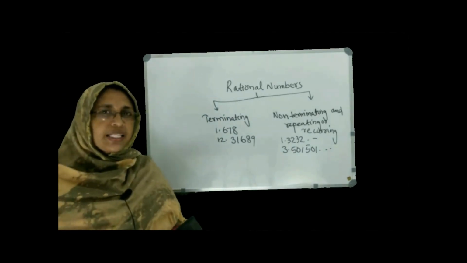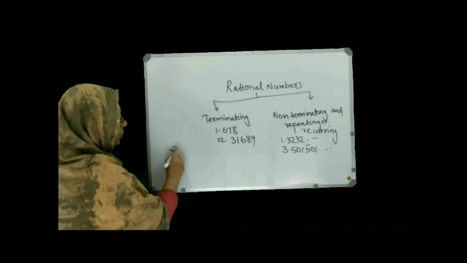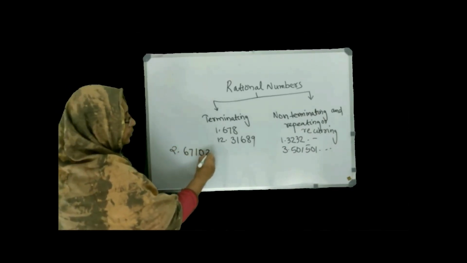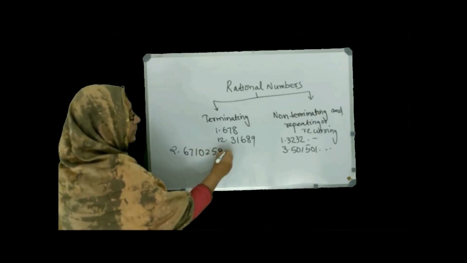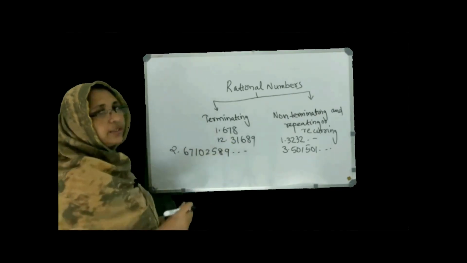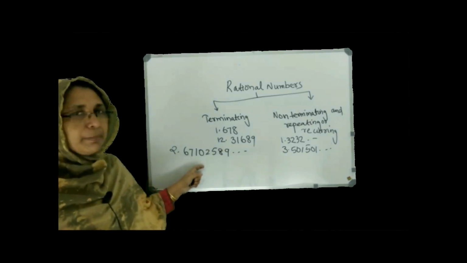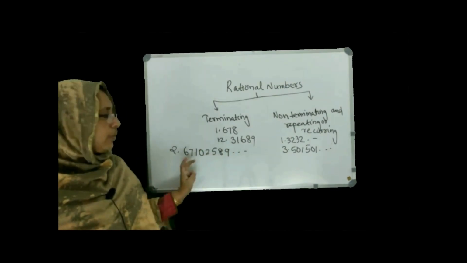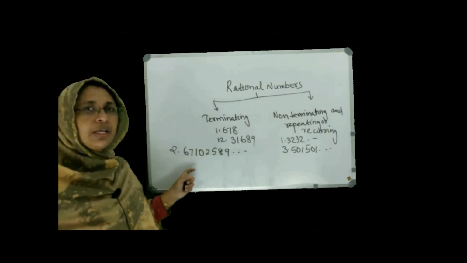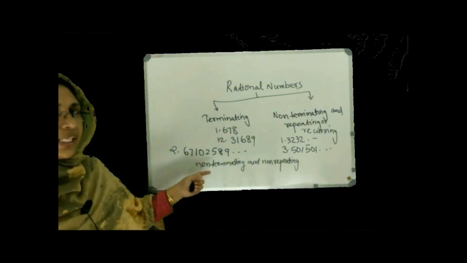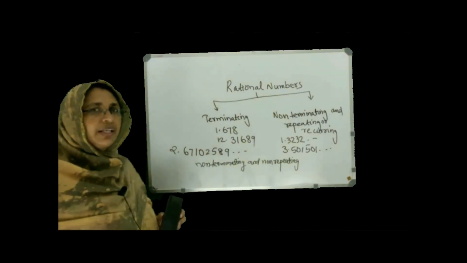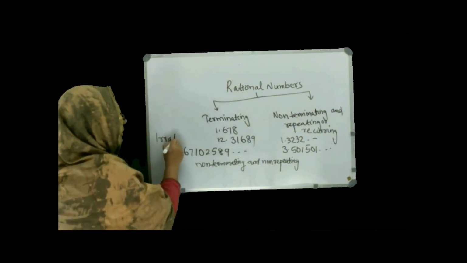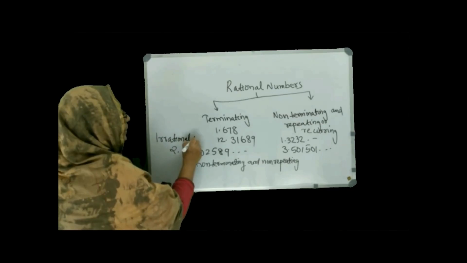Now you will listen to another example: 2.67102589 etc. You can see the decimal numbers are non-terminating and non-repeating. These types of numbers are called irrational numbers.